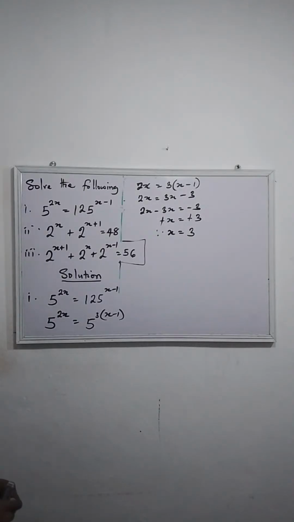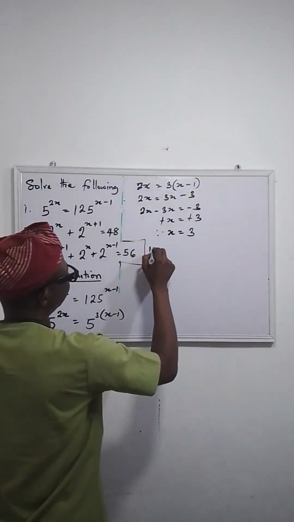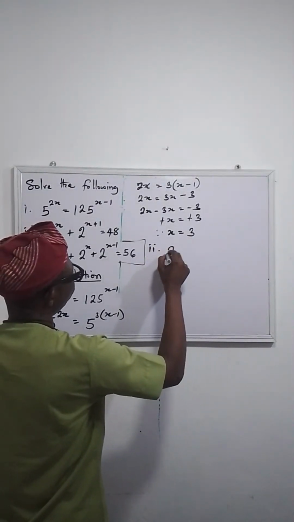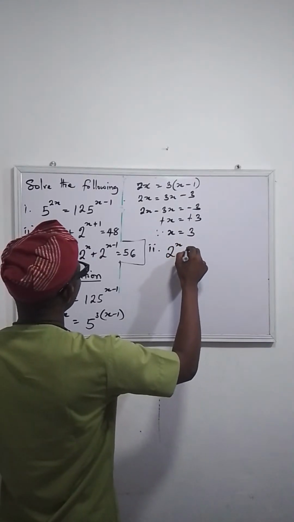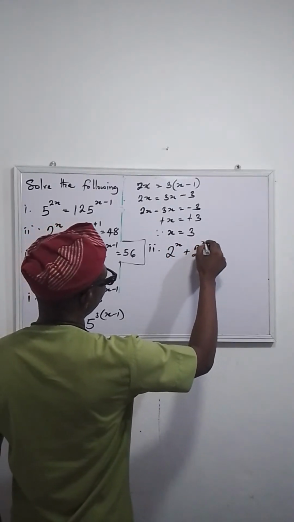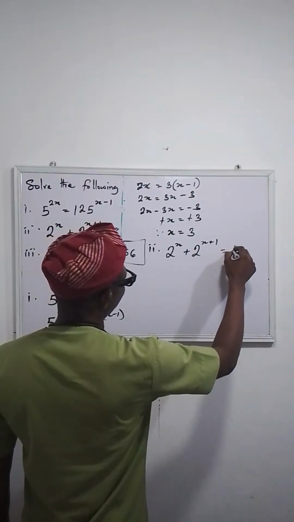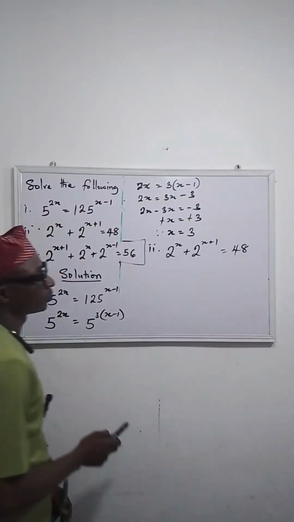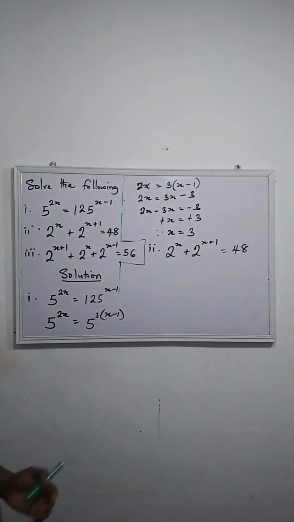Now let's look at the second question. We have 2 raised to the power of x plus 2 raised to the power of x plus 1 equals 48. Now, how do you solve this problem?